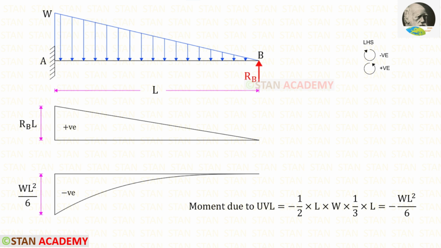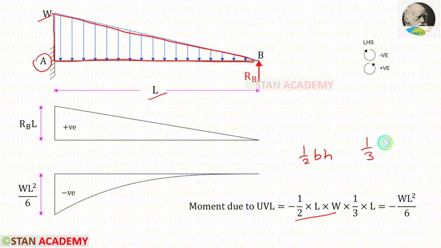Now let us take the UVL. In the case of UVL, to get the moment, we have to multiply the area with the centroid distance. We know that it is a triangle. We know the area formula of a triangle, half into BH. Here the breadth is L and the height is W. So half into L into W. We are calculating the moment about the point A. So about the point A, the centroid distance is 1 upon 3 into breadth.